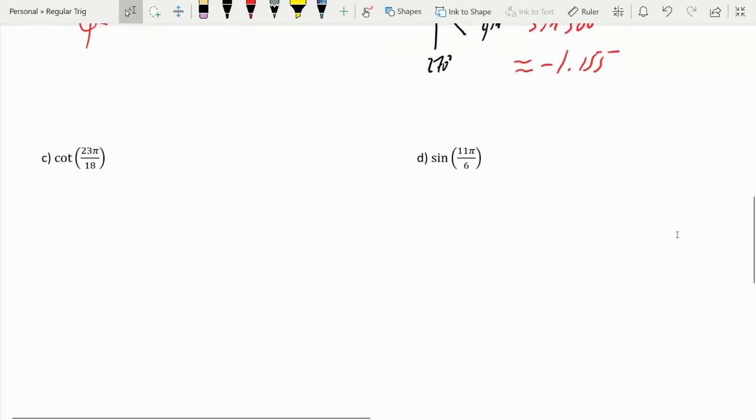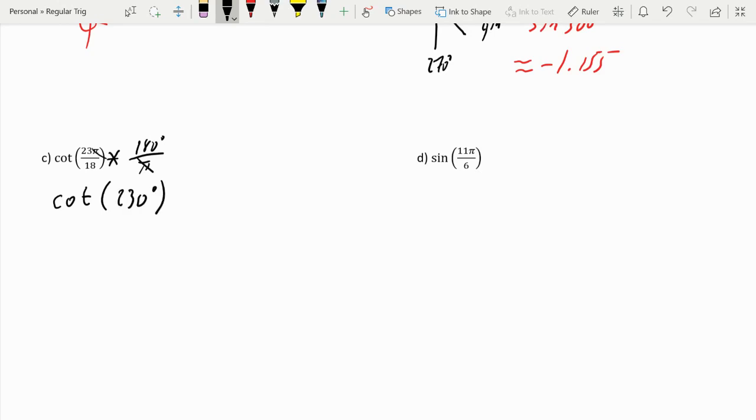All right. So now what happens? We have radians, a little bit of practice, times 180 over pi. The pi's cancel. So I have cotangent of 230 degrees. Verify that. So now we're going to end up doing 1 over tangent of 230 degrees.